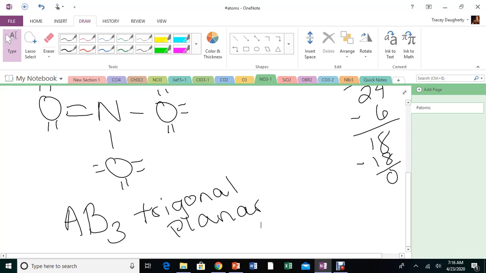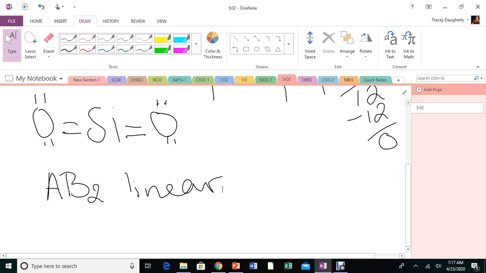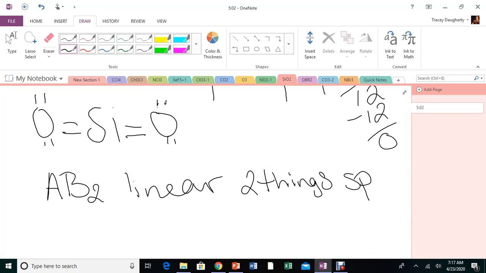Here in the NO3, we have 3 things, which means that it is sp2. SiO2 has 2 things, which means that it is sp hybridization.